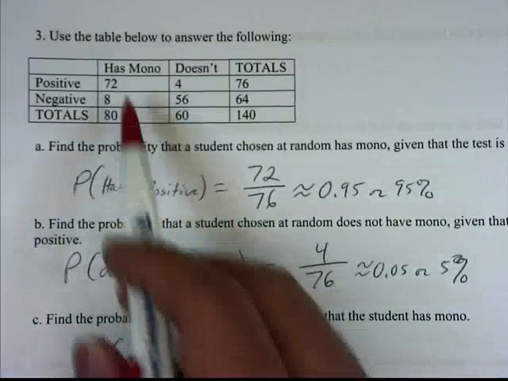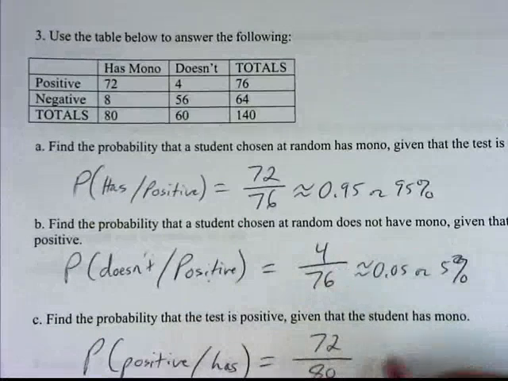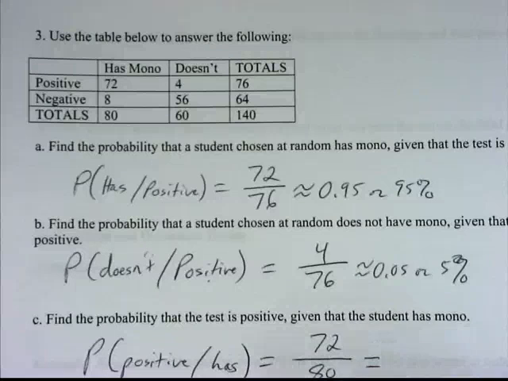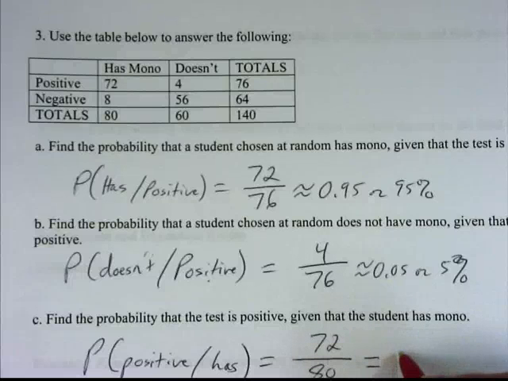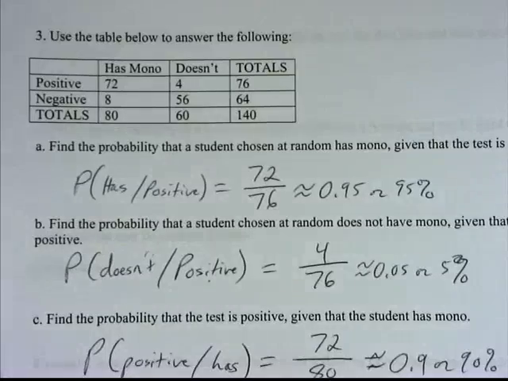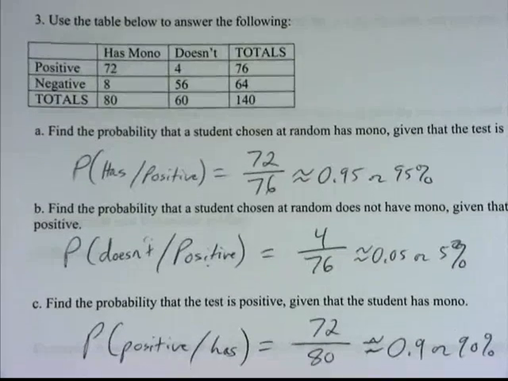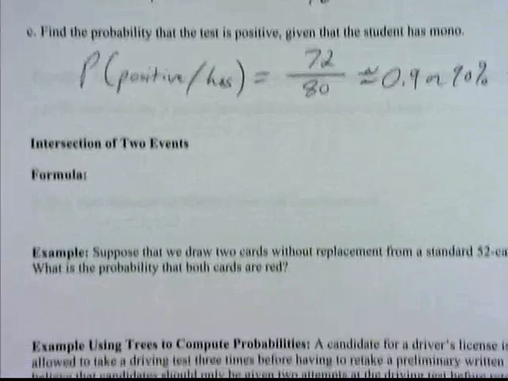And of those who have mono, how many got a positive test? 72. So that test is right about 90% of the time. It comes out to be about 0.9. So hopefully that helps you see how that condition plays into how we find our probabilities.